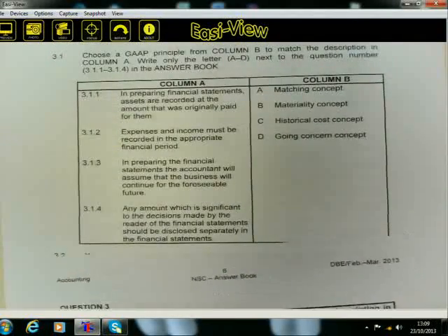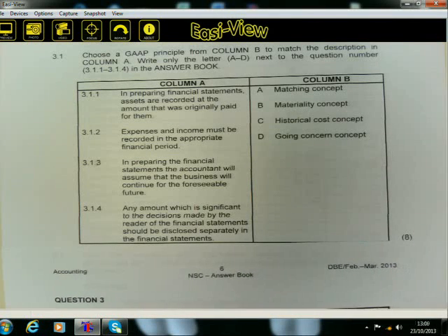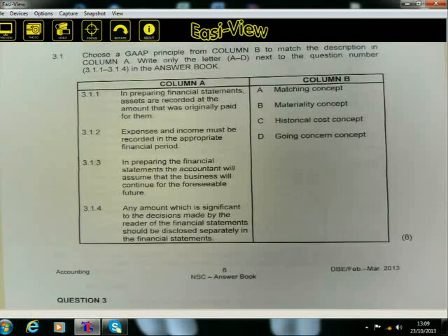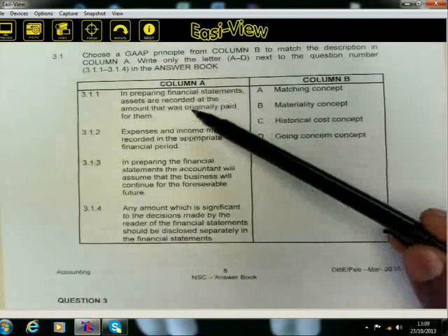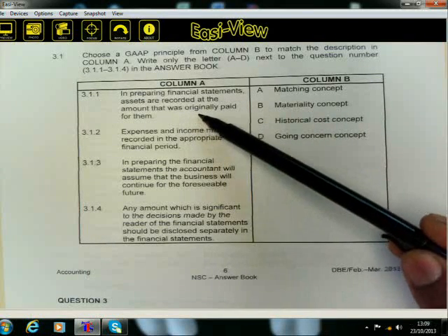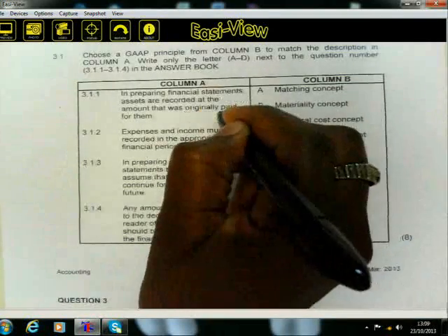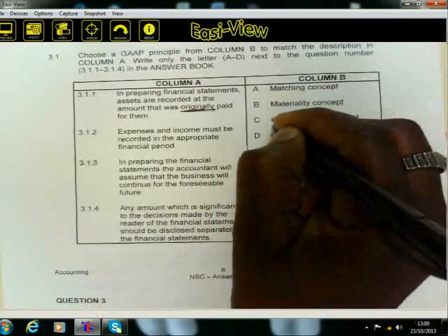Let us treat the questions now that we have already summarized what the GAAP principles or the concepts are. The first one says, in preparing financial statements, assets are recorded at the amount that was originally paid. So if it was original, that means it's historical.